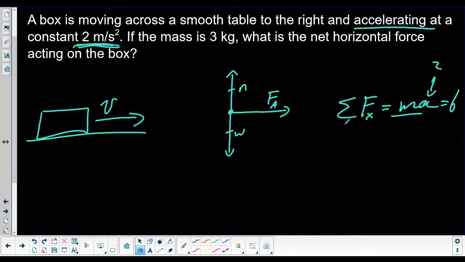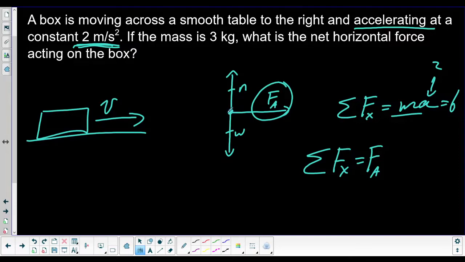So if we want to solve for that force, the sum of forces in the x direction are this force applied, and we could even, let's throw a friction on there. Maybe there is friction. Actually, there can't be friction. A smooth table. I take it back. Okay. So the only force in the x direction is force applied.